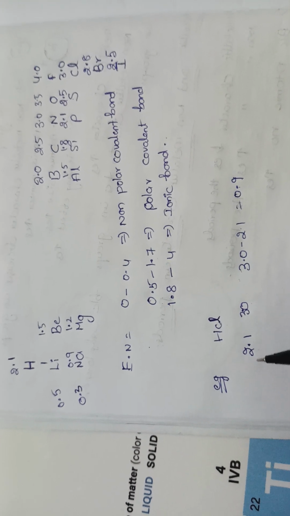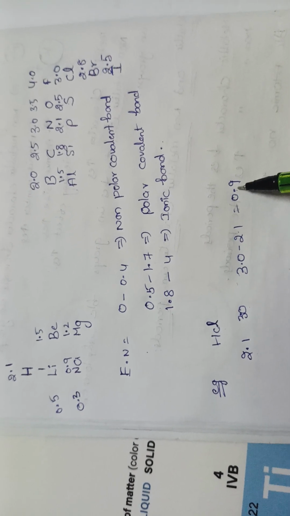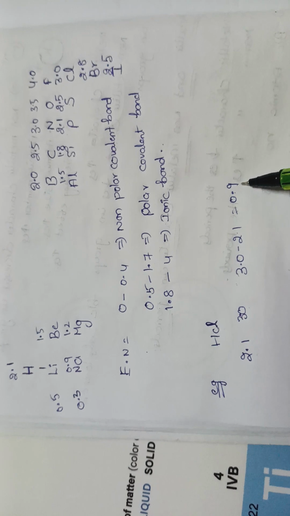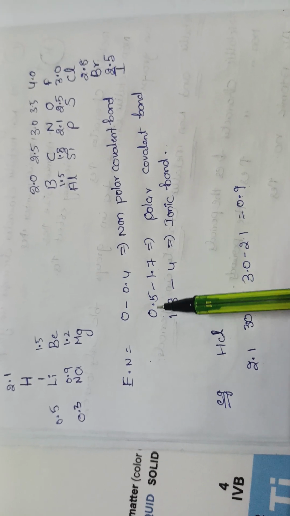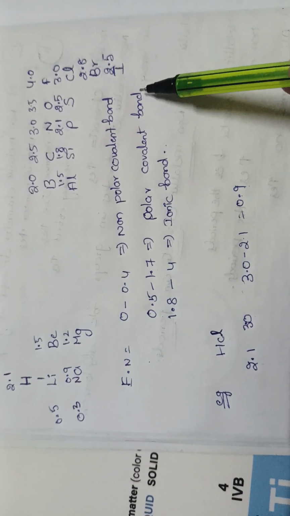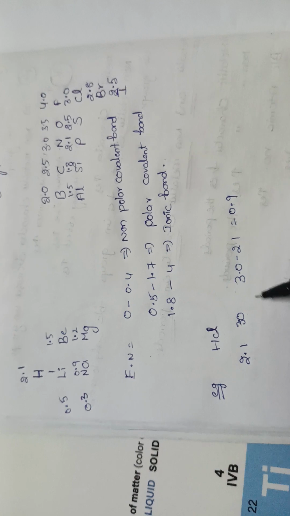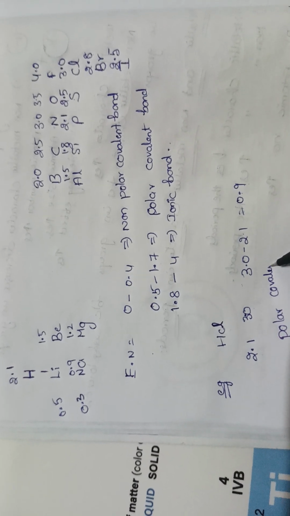If we subtract 2.1 from 3, the value comes to 0.9. What we discussed, 0.5 to 1.7 means that is a polar covalent bond. So this is a polar covalent bond.